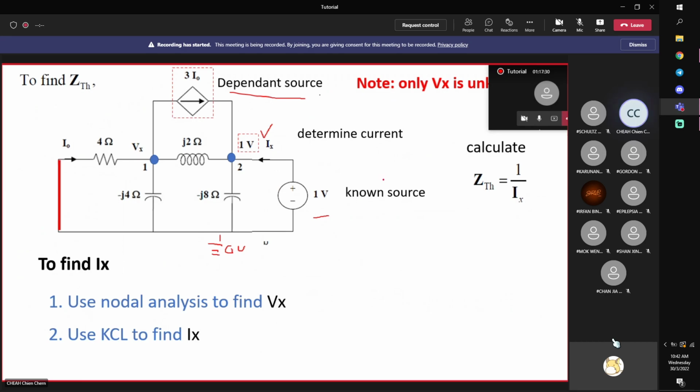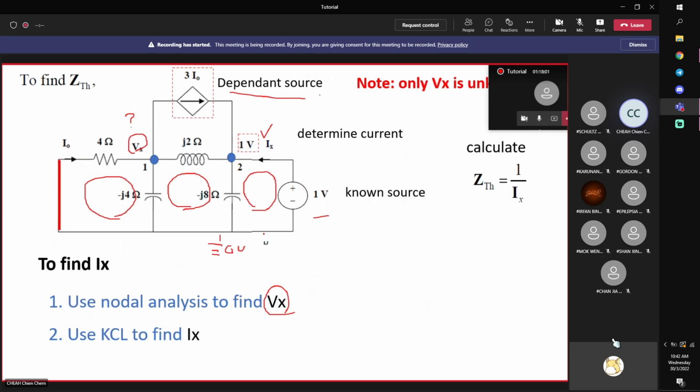So which one to choose? Check. I have only one unknown node voltage, only one. Because this is a node whose answer is already given, don't go and put this as V2. Even if you put V2, V2 is equal to 1, right? You must write V2 is equal to 1. So only one unknown, only one. If you use mesh analysis, 1, 2, 3, correct?